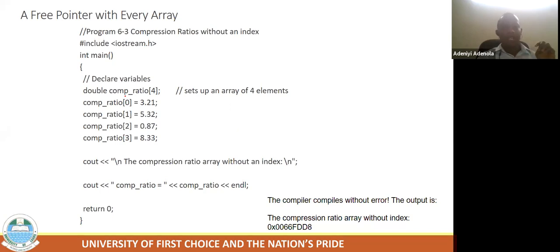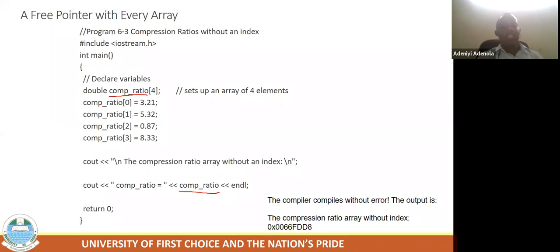I want you to look at this code. You understand this code, okay? Assuming you just want to display what is in comp ratio, and you mistakenly, instead of putting the index, just write out the array name.